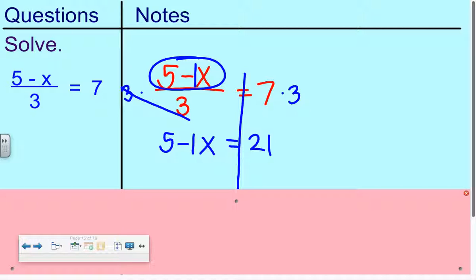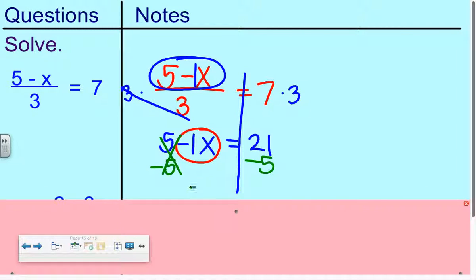Then you're going to notice we still have a number next to our x. So let's get rid of just the 5 first. So minus 5 on both sides. This one's a little bit trickier with that negative x. 21 minus 5 is 16.